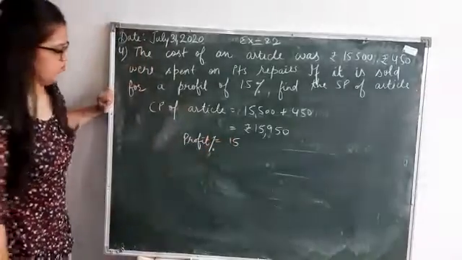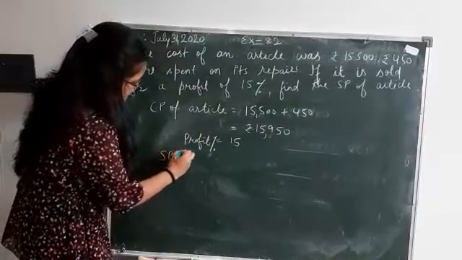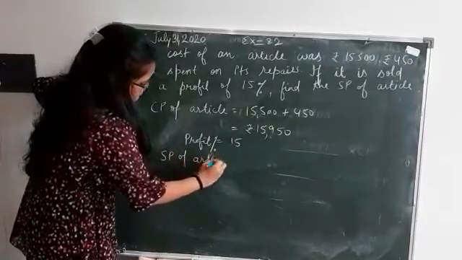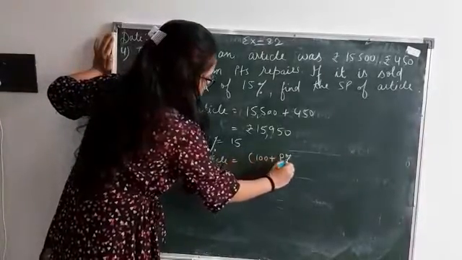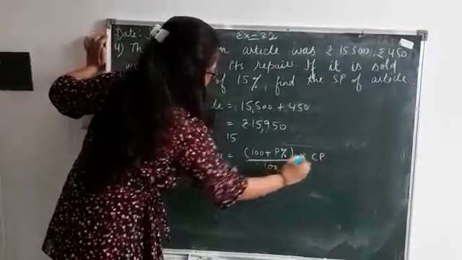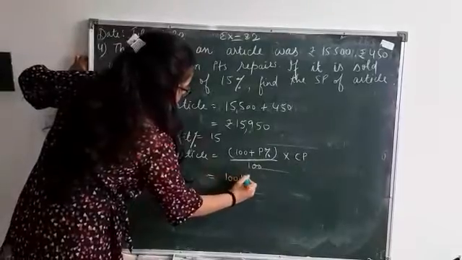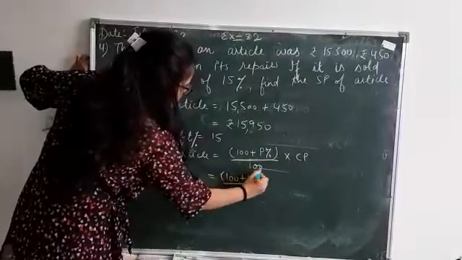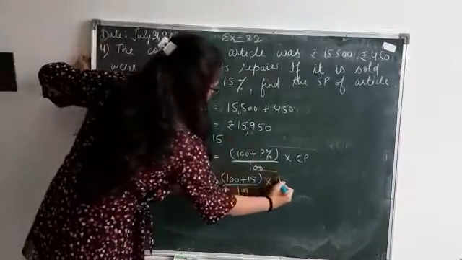Profit percent is 15%, and now selling price of article. The same formula, 100 plus profit percent upon 100 multiplied by CP. Put the values in the formula.